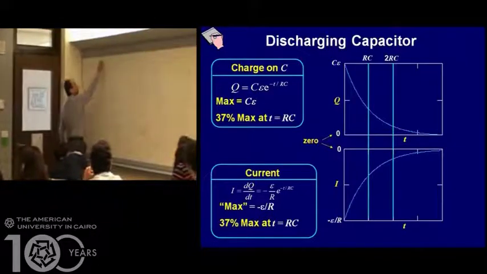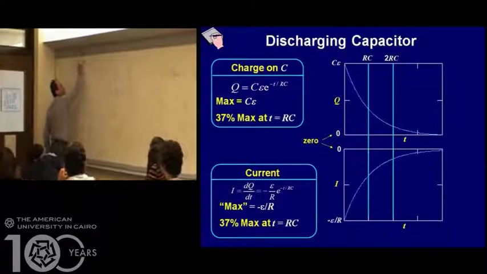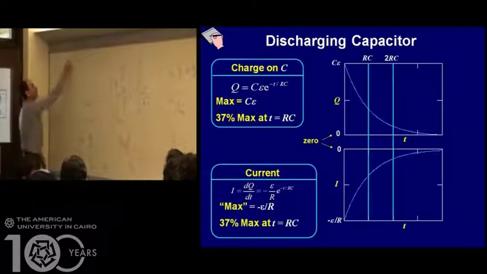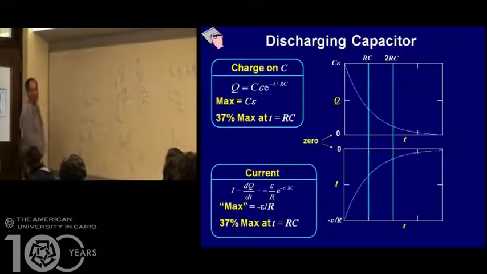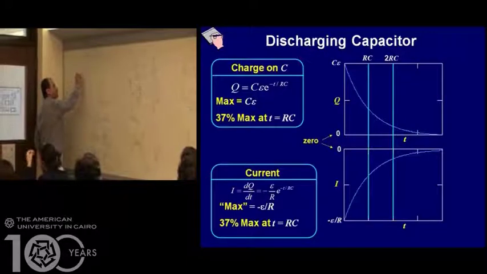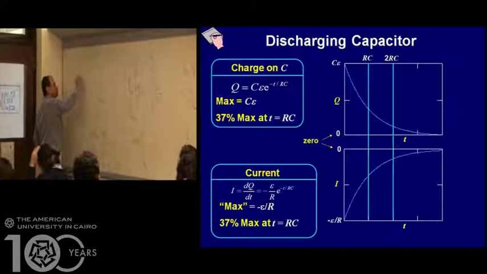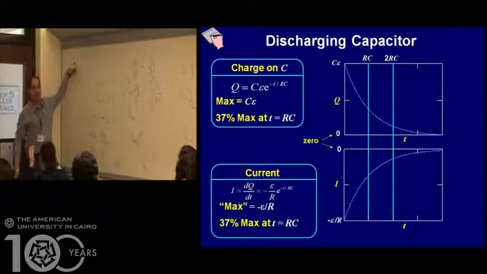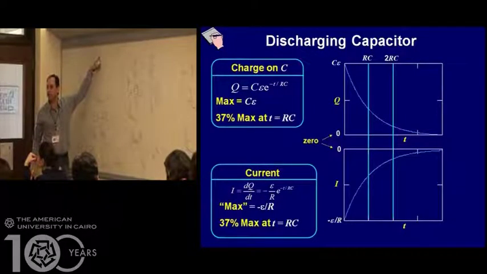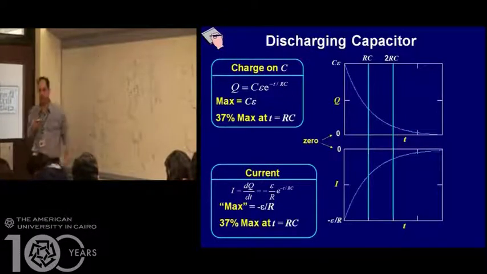Guys, that time, when t equals RC, is one of the characteristics of any circuit. So we call it tau, the time constant, which is equal to RC. Just give me the value of RC for any circuit, and I will be able to calculate the time constant.